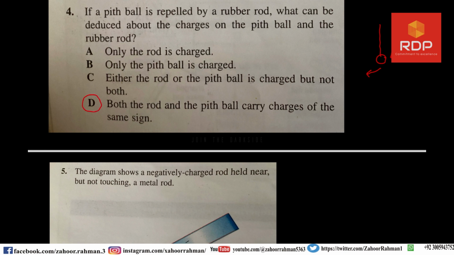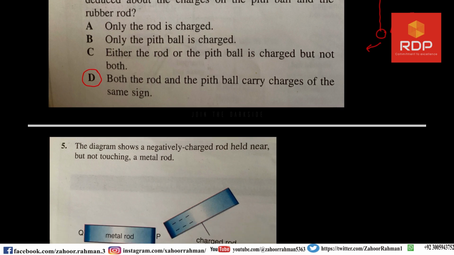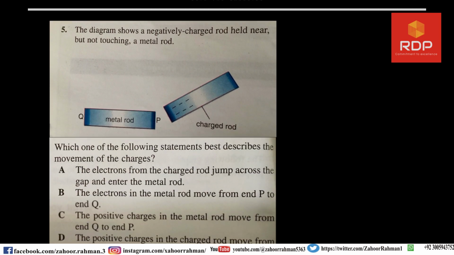This is absolutely the correct answer, because for repulsion to take place, both objects must have similar charges, either positive or negative, because we know that similar charges repel each other, unlike charges attract each other. So D is the correct answer.